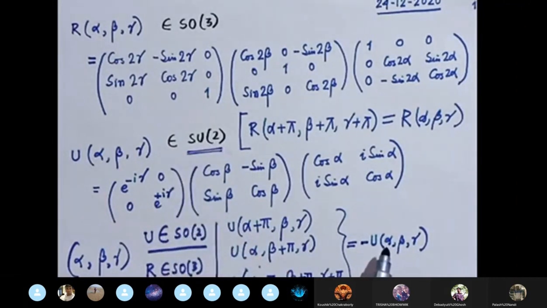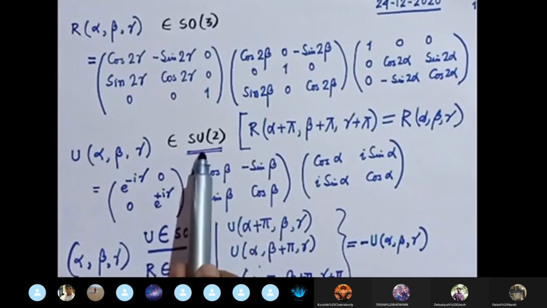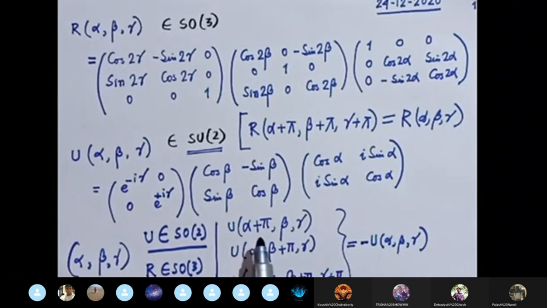Two sets of values of alpha or beta or gamma or both or all three, separated by pi, would give you two different elements of this set, because this is u, this is minus u. They are different. U and minus u are different. This u with alpha plus pi is different from u of alpha beta gamma, because it's minus of this.